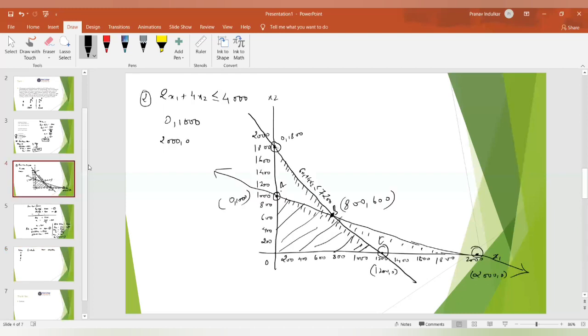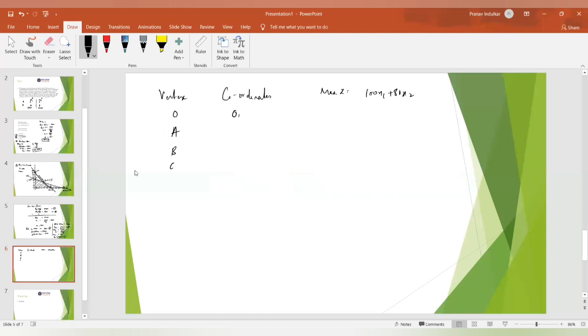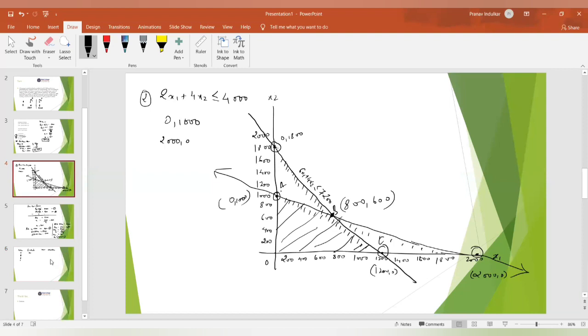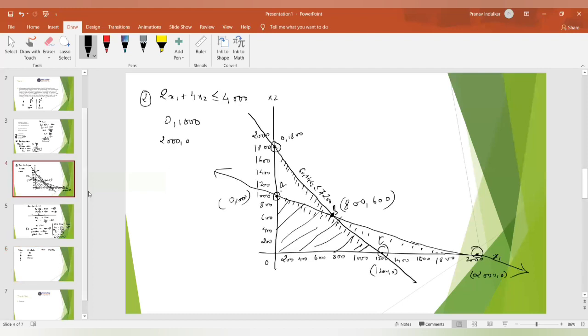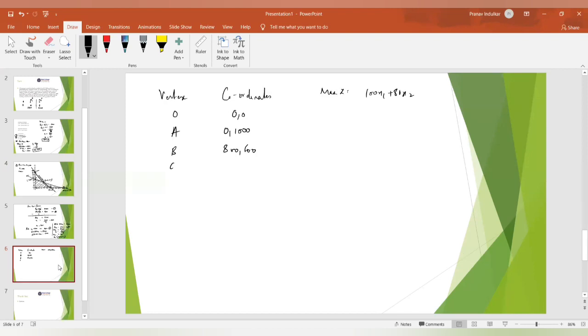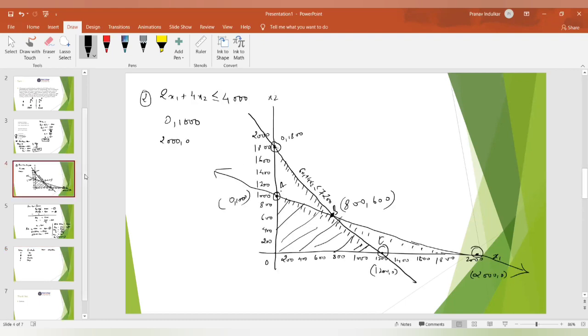If you see this clearly now, the coordinates of O are 0, 0, coordinates of A are 0, 1000, coordinates of B are 800, 600, and coordinates of C are 1200, 0. Is that clear to all? I've just jotted down the coordinates of A, B, C, and O.